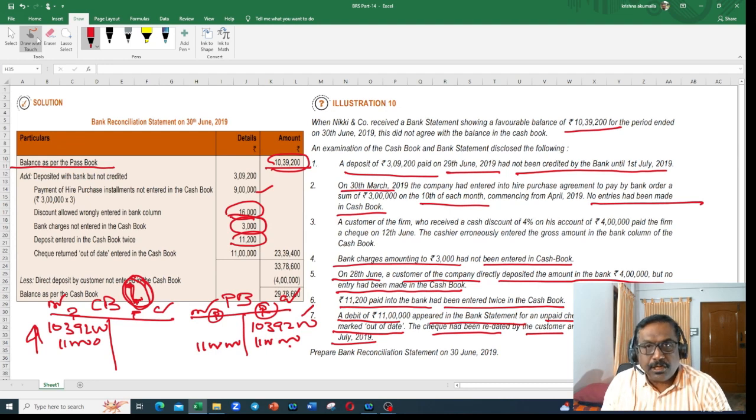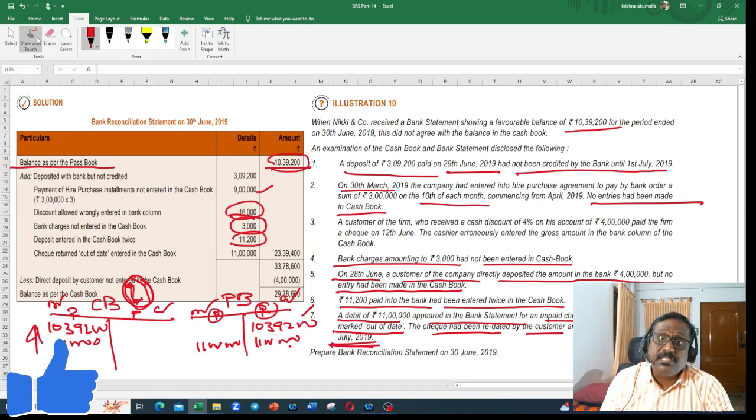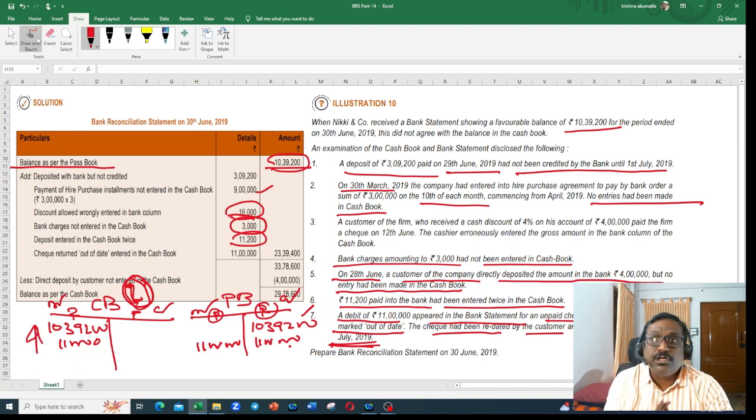So they reissued the check. But when did they reissue the check? Not before reconciliation, but after reconciliation. That is 5th July, they reissued the check. Since they reissued it after the reconciliation date, this wouldn't have been rectified in the cash book. So how do we need to look at it? First, the 11 lakhs he has given was recorded in our cash book as a receipt. The banker also recorded that as a receipt.